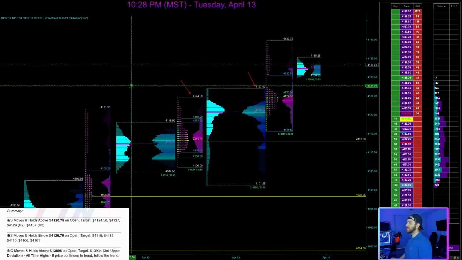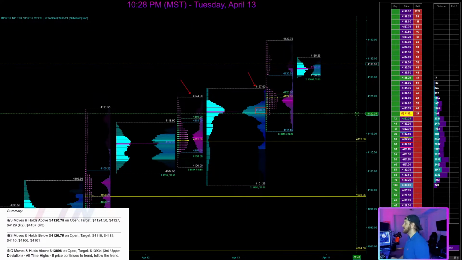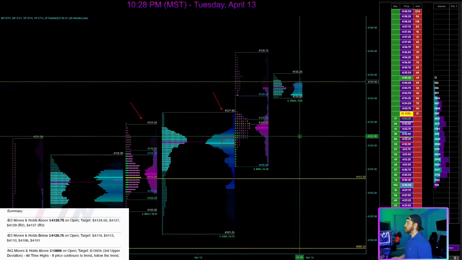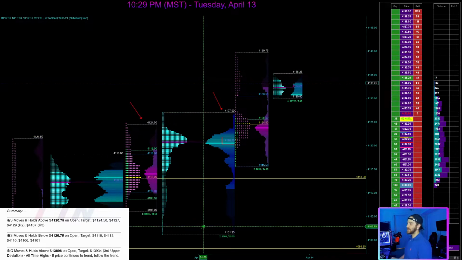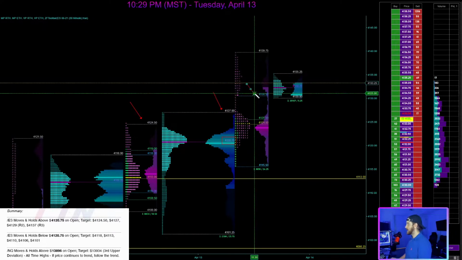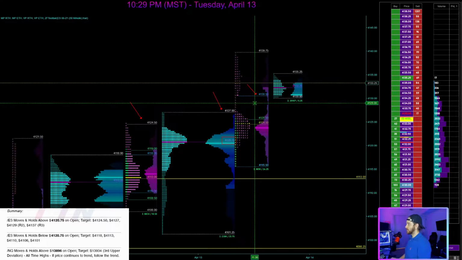So with that said, the third upside target was not hit in the initial balance, but it was indeed hit shortly after we moved upwards and broke that initial balance high at 41.25. So you can see that that third upside target was right below, or ended up being right below, today's value area high at 41.30, and the target was right down here at 41.29.